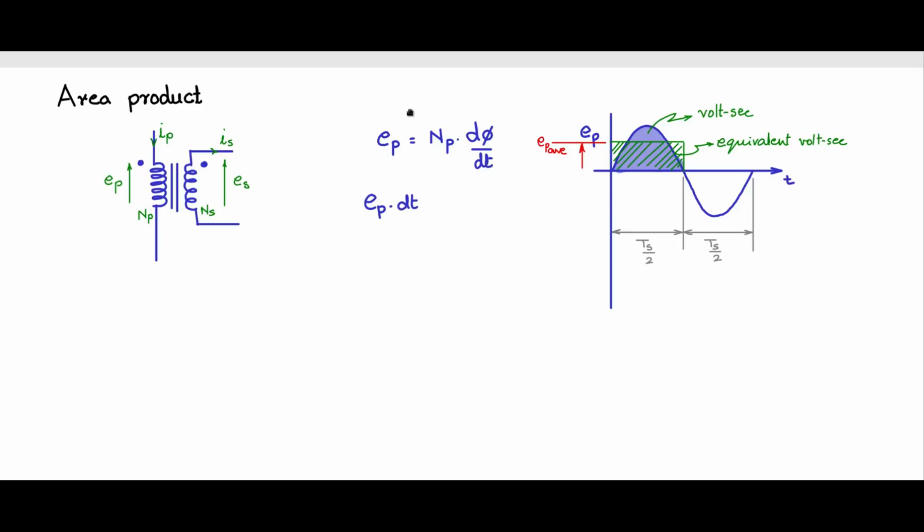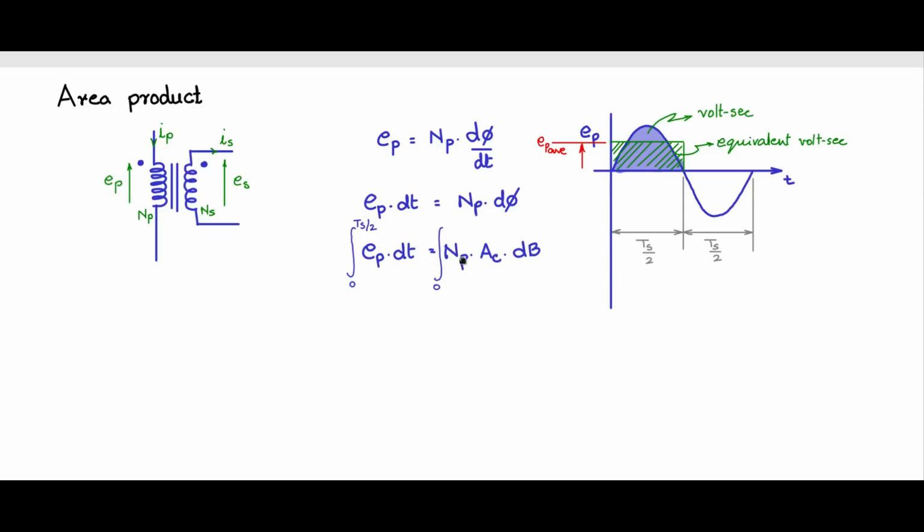We will integrate EP with respect to dt, and NP times dφ, with respect to dt. EP dt and NP φ can be written as AC into flux density, so area of cross section of the core into dB. Now integrate for half the period only, 0 to Ts by 2.